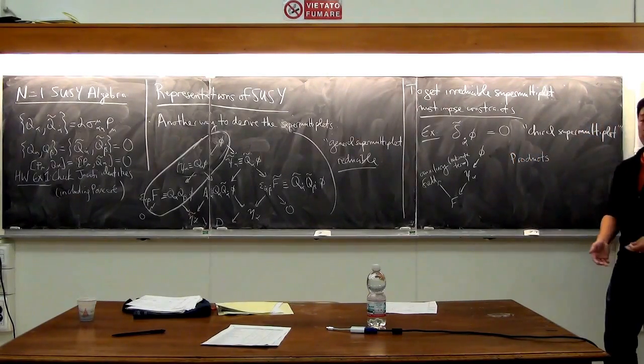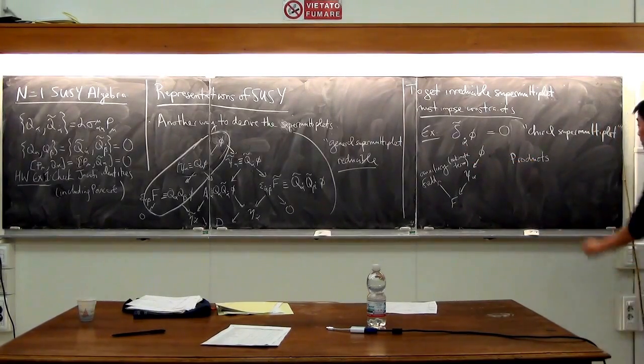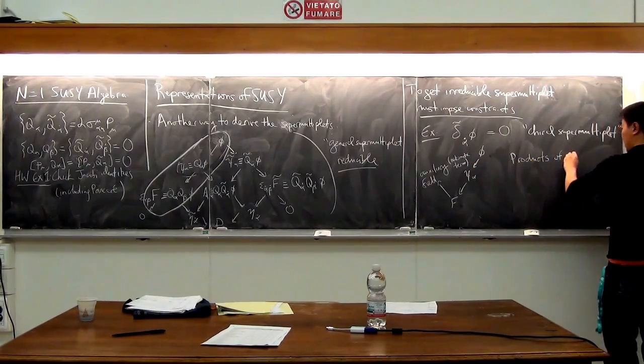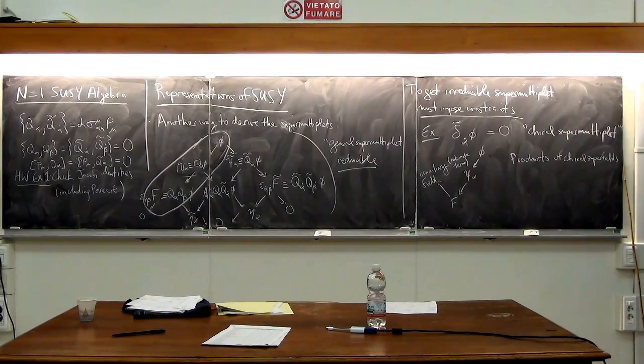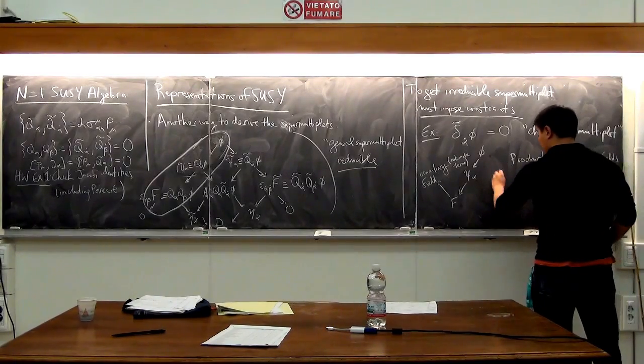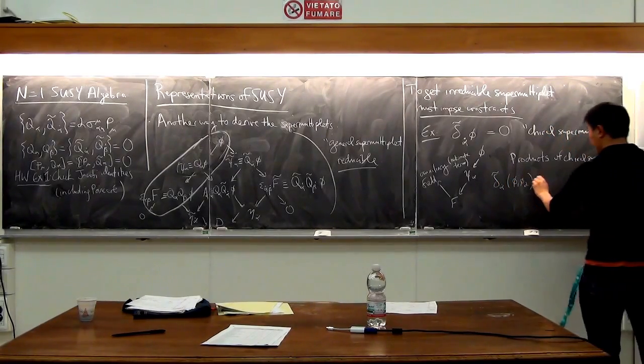The sum of two chiral superfields is chiral, right? Because it's a linear condition. What about products of chiral superfields? These are also chiral because this condition here is a commutator.